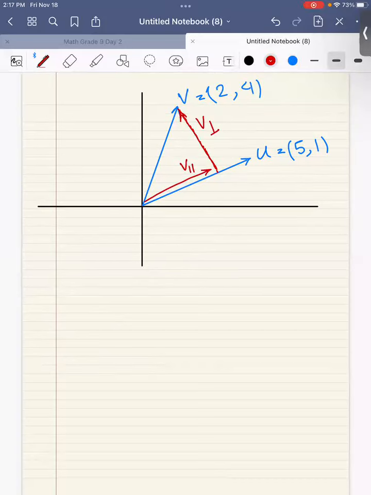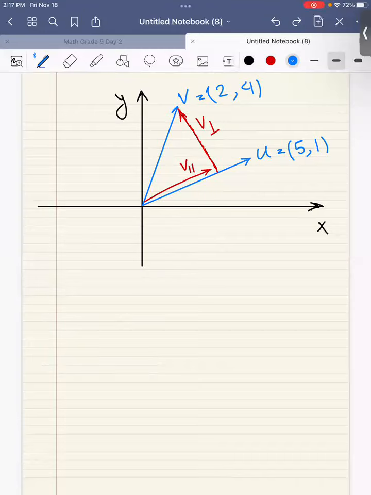So first of all, I need to find the angle between U and V. So first tell me, what is the angle of U with respect to the x-axis? So if these are two axes, x and y, what is the angle of U? 11.3 degrees. You sure? The tangent. Okay, 11.3.